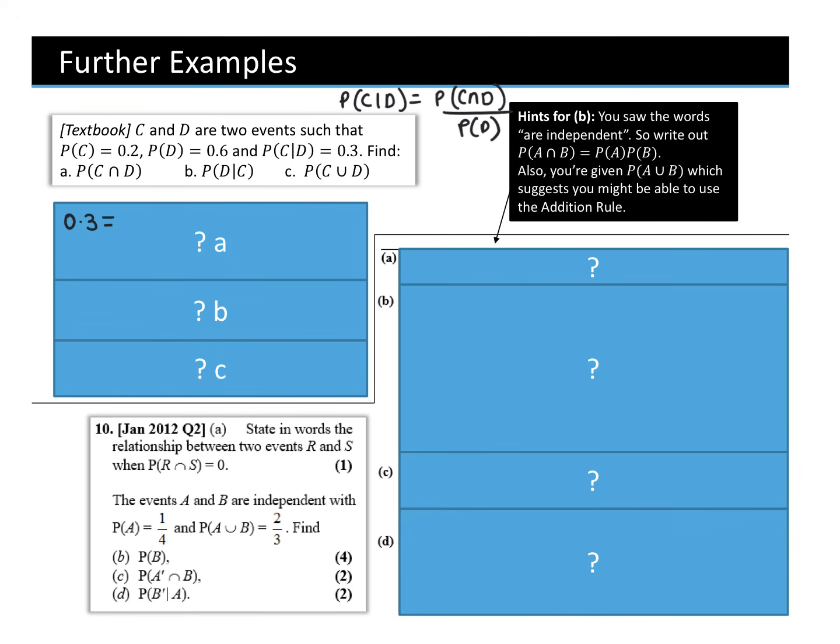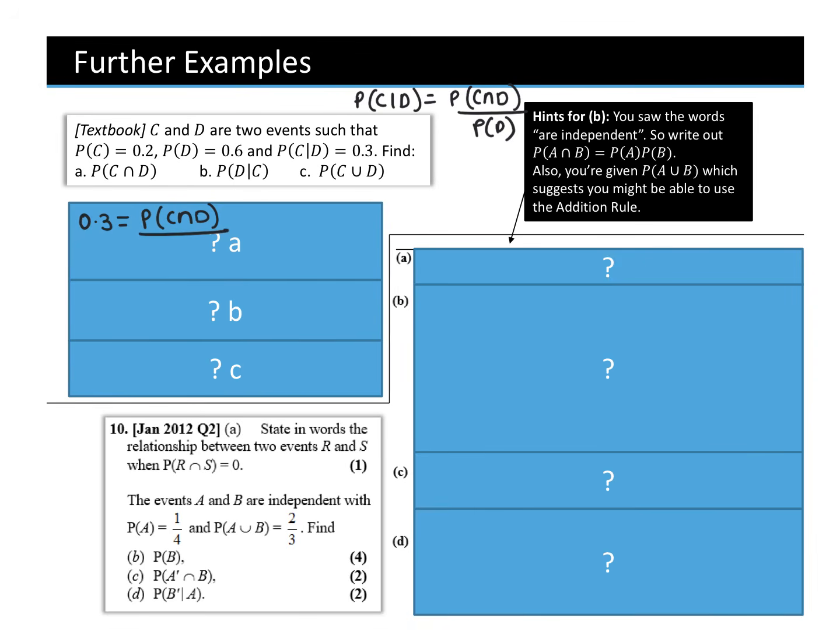So this equals the probability of C intersection D over the probability of D, which again tells us in the question. So that means the probability of C intersection D is 0.3 times 0.6, which is 0.18.